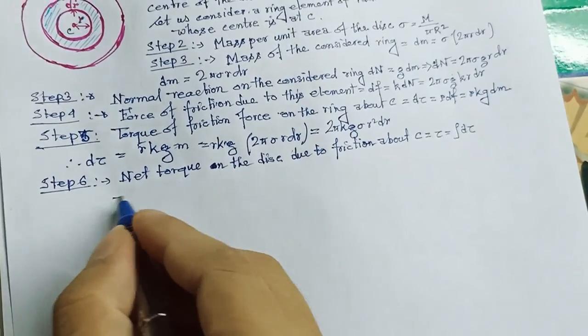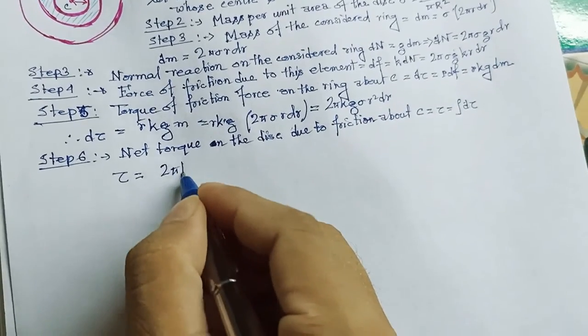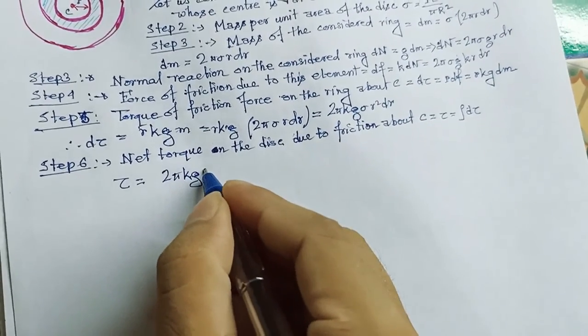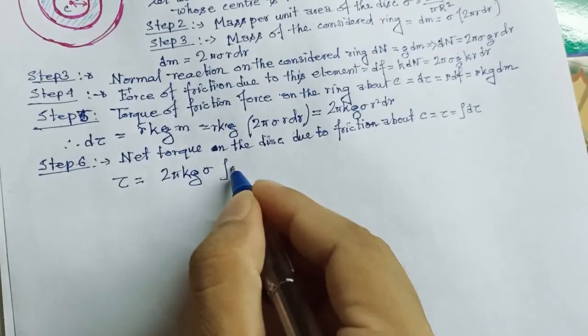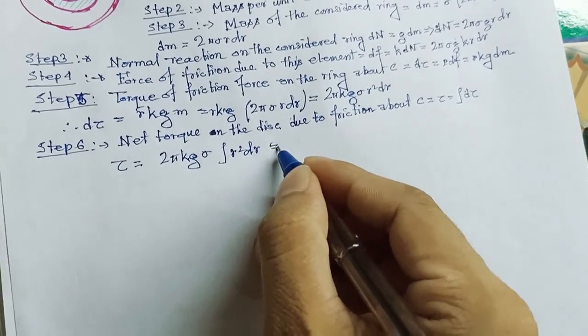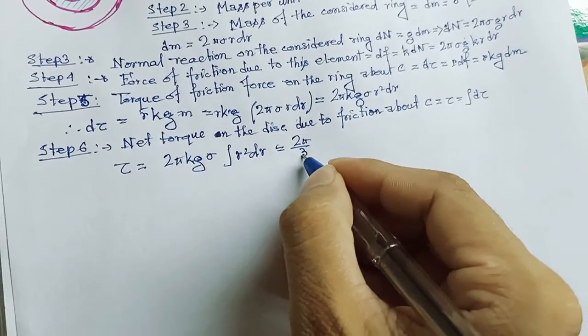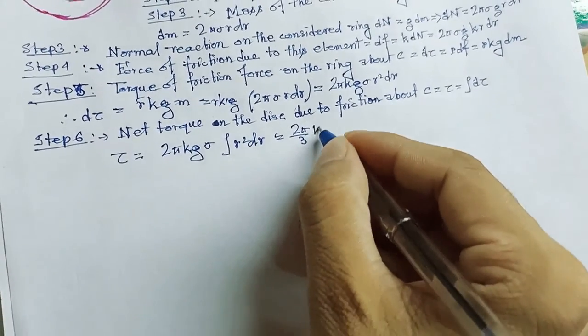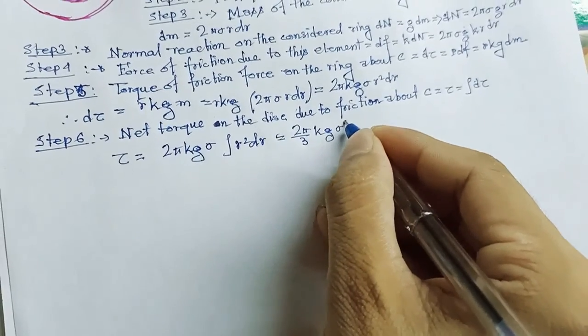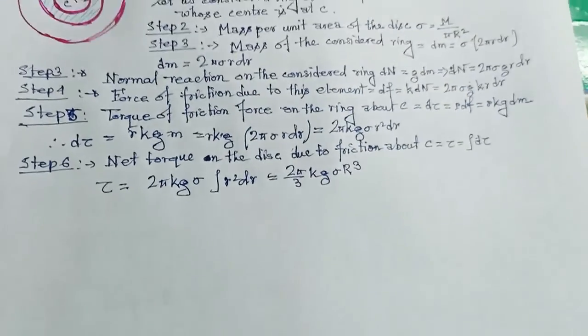So tau will be 2 pi k g sigma, integration of r square dr. If you calculate this value, then it will become 2 pi divided by 3 into k g sigma r cube. So this is the calculation for net torque.